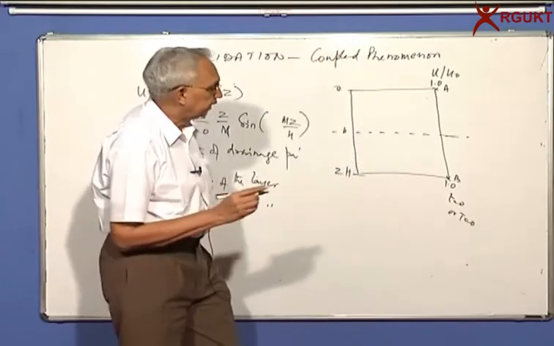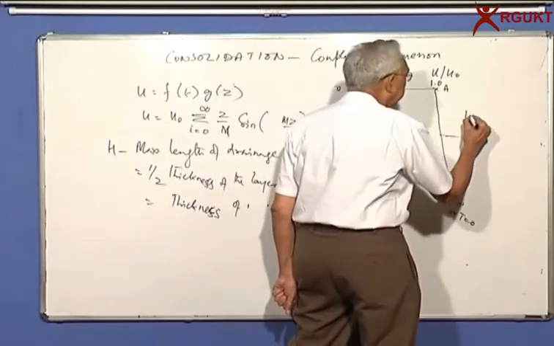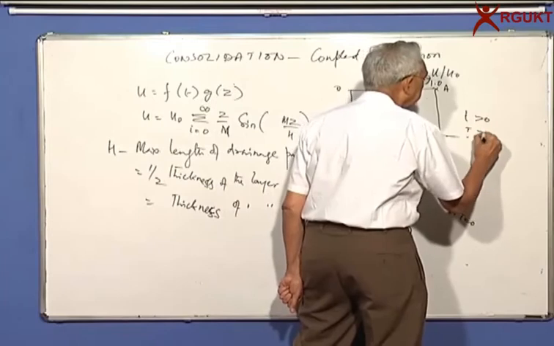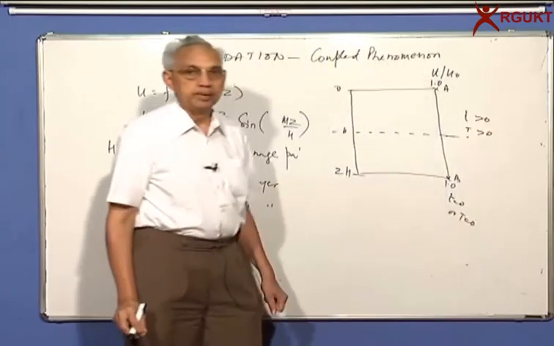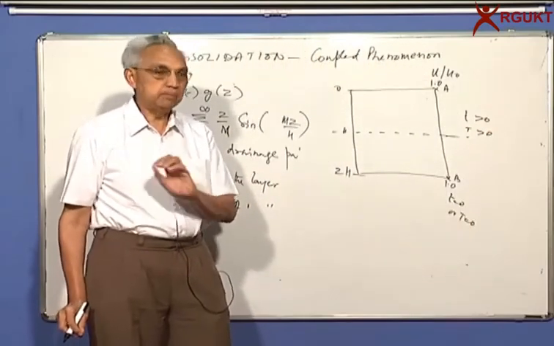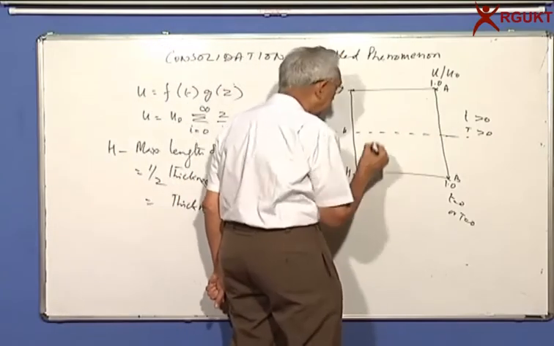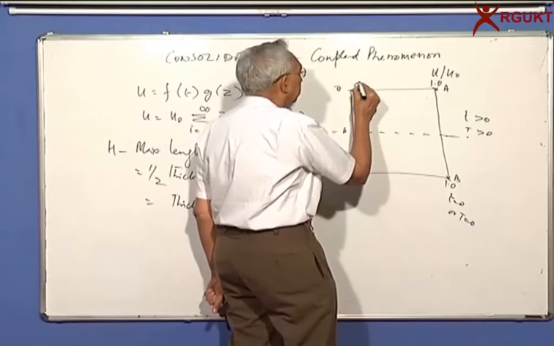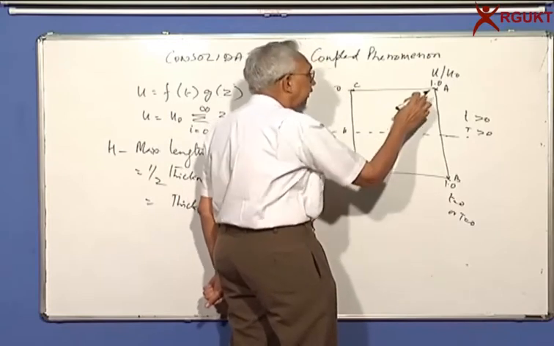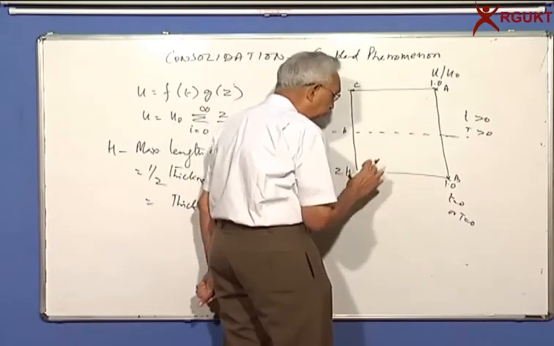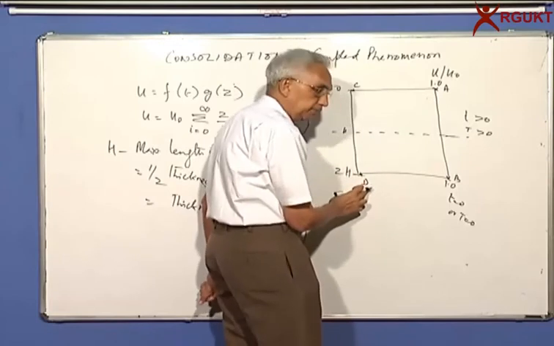The moment time factor is greater than 0, the clock has started and the process of consolidation begins. The pore pressure immediately becomes 0 at C and D. At the top, pore pressure becomes 0. At the bottom, pore pressure becomes 0.